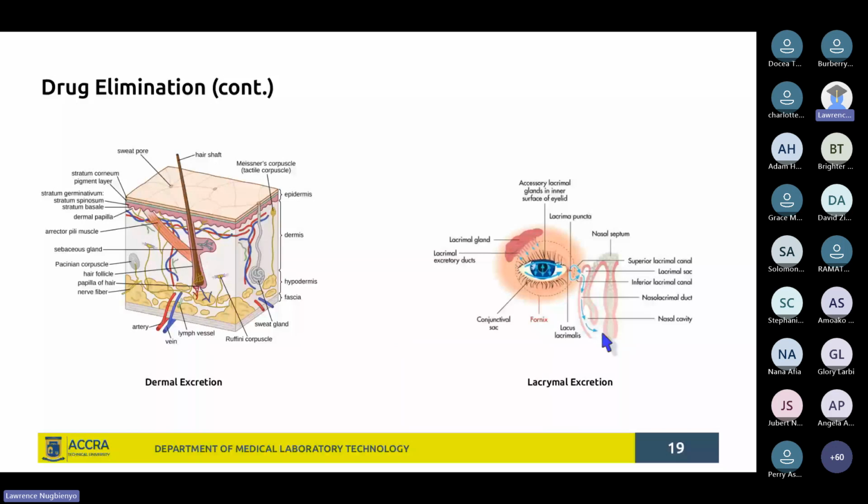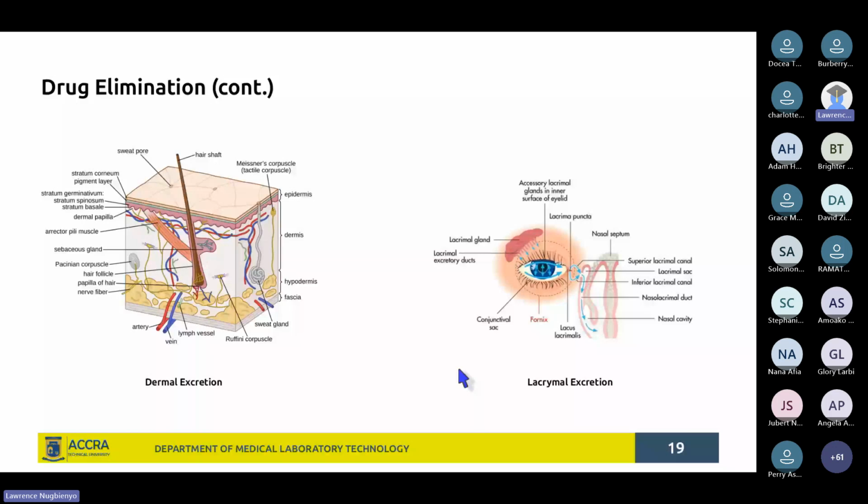So some of this lacrimal excretion can also come out through the nose, not only directly through the eyes, but even through the nose. You can have that also occurring. Because if you think of it, eye drops, ear drops, nasal drops, they all have a connection.